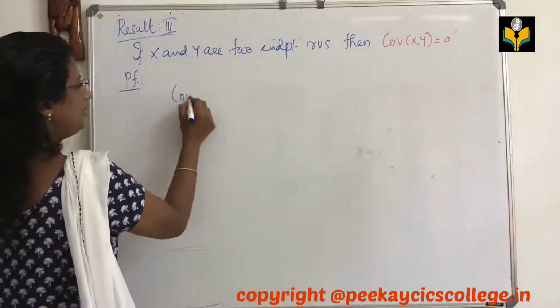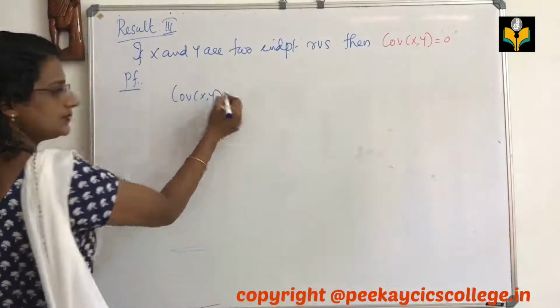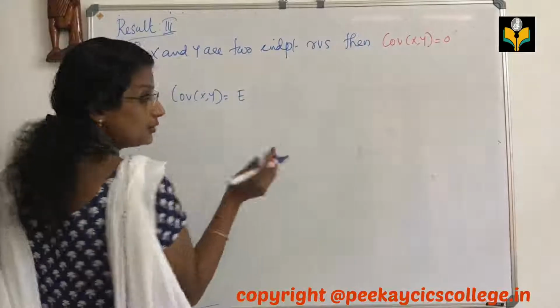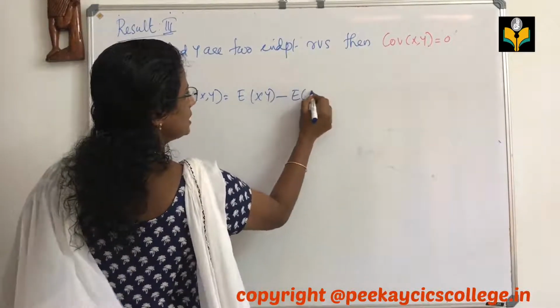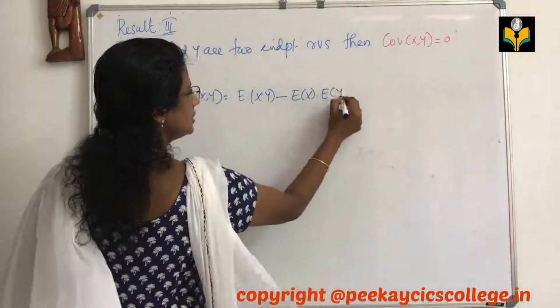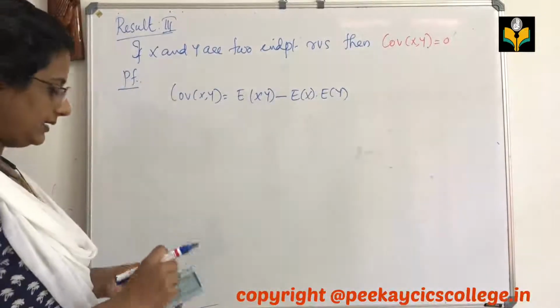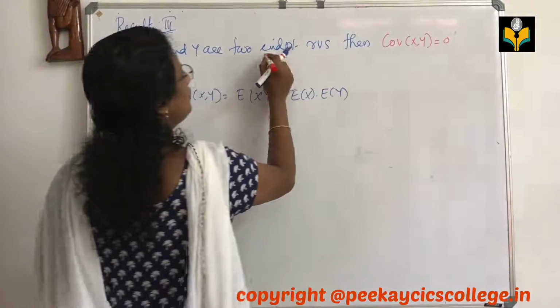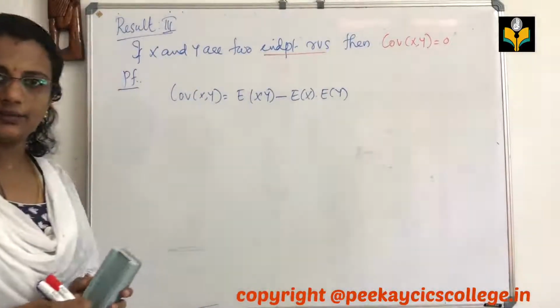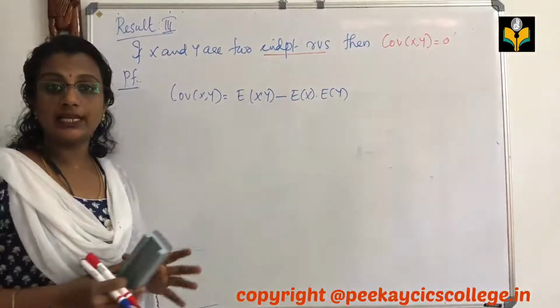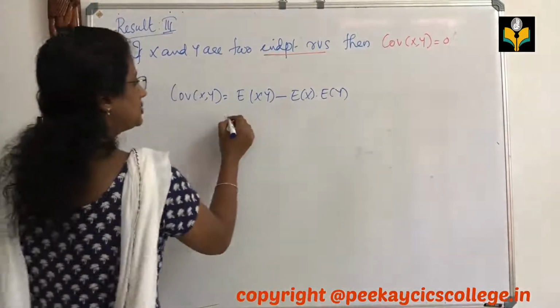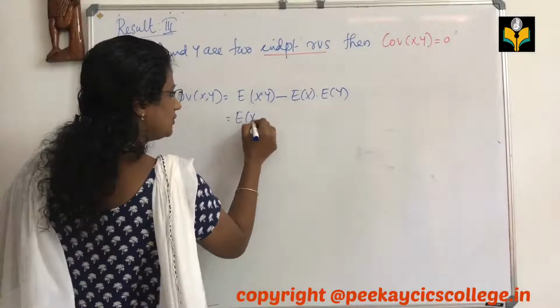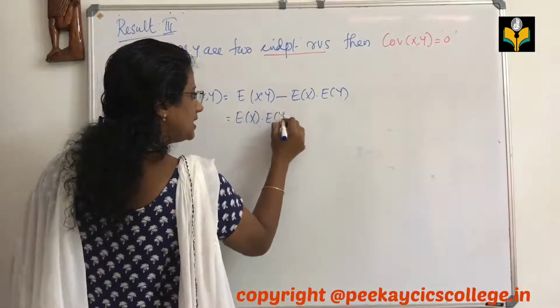What is the formula for Cov(x,y)? We can use the second formula: expectation of xy minus expectation of x into expectation of y. We have given that x and y are independent random variables. So we can take the multiplication theorem on expectation. Then what is expectation of xy? Expectation of xy is expectation of x into expectation of y.